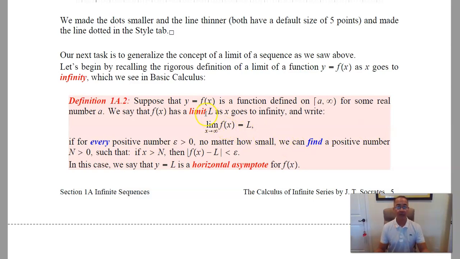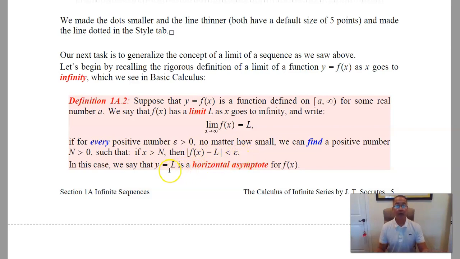In general, if you have a function defined from some number a onwards to infinity, we say that the function has limit L as x goes to infinity, written as the limit as x goes to infinity of f of x equals L, if, using notation from basic calculus, for every positive number epsilon, no matter how small, we can find a positive number N, so that if x is greater than capital N, then the absolute value of f of x minus L is less than epsilon.